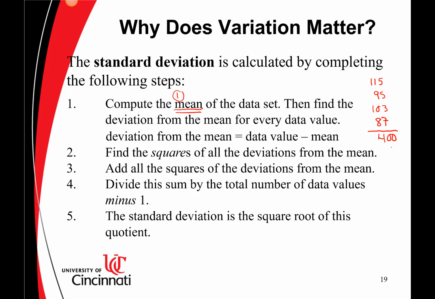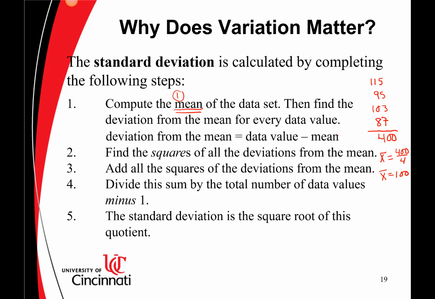Which means that the mean, which is signified as x bar, is going to be the 400 divided by 4, which means that the mean for these kids' scores is 100. Well, that's great. It's right smack dab in the middle where you would expect it to be. And it's an integer value. It's easy to work with. All right. So there's the first step.